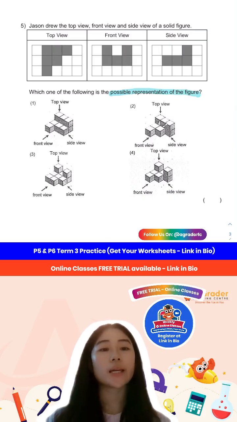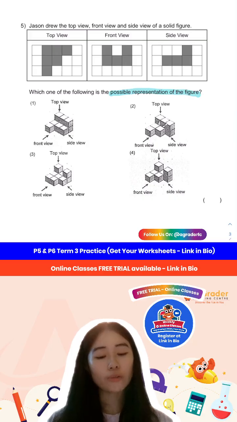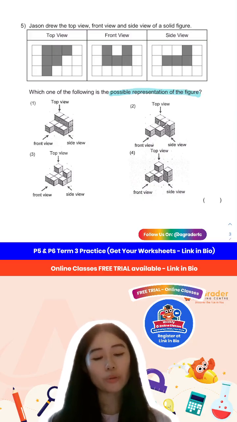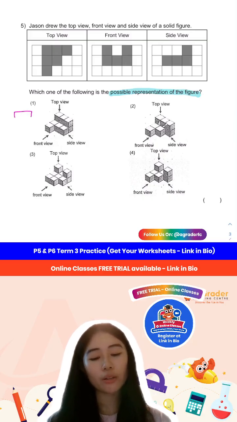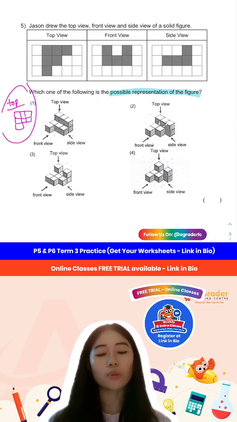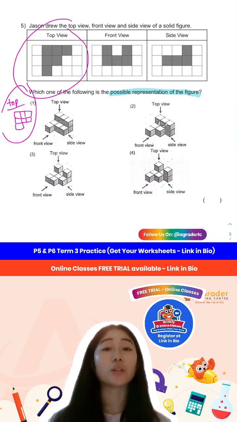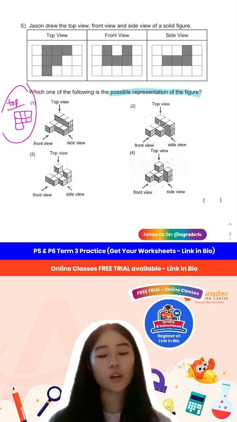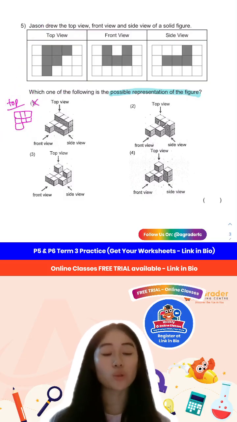Alright, so let's go through this first. Look at option 1. For option 1, the top view is actually not correct. The top view is something like this, so you can see that this top view and this top view is different. It doesn't match, so option 1 is wrong. Then look at option 2.